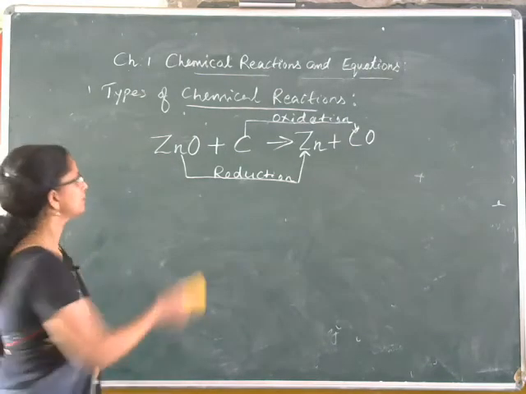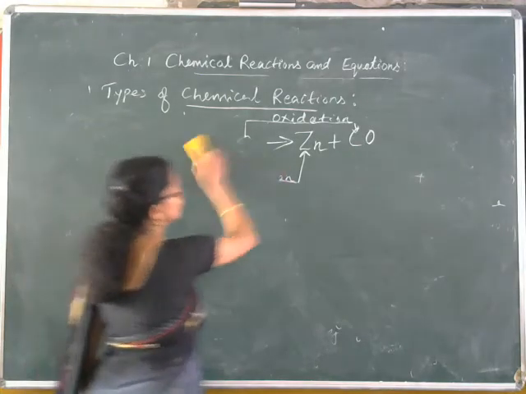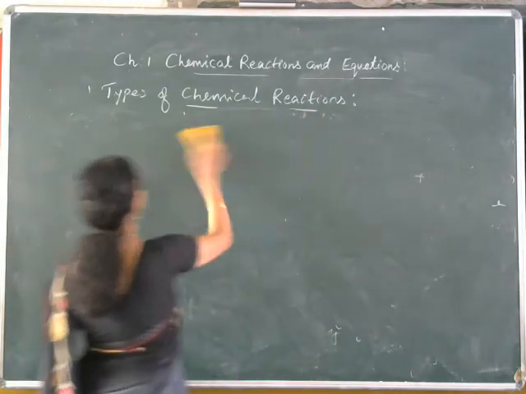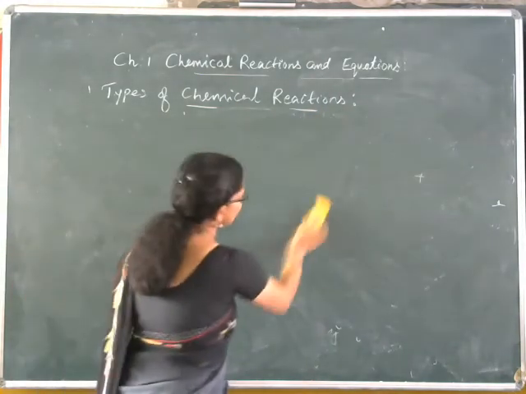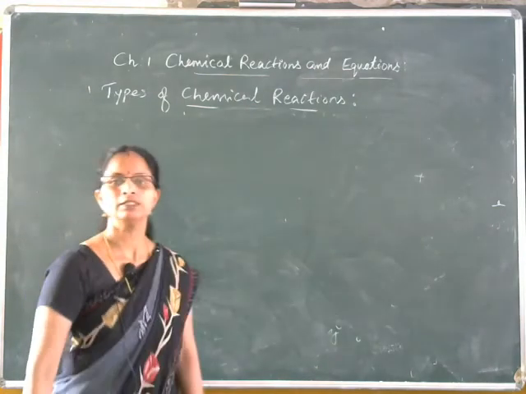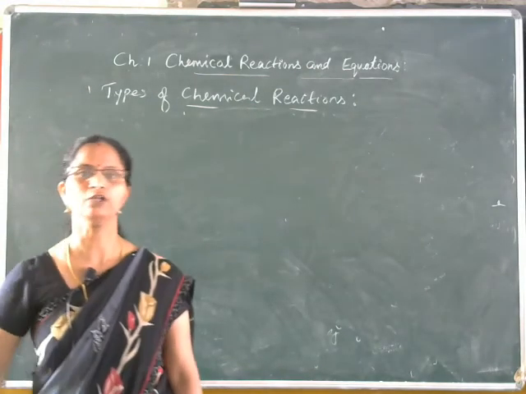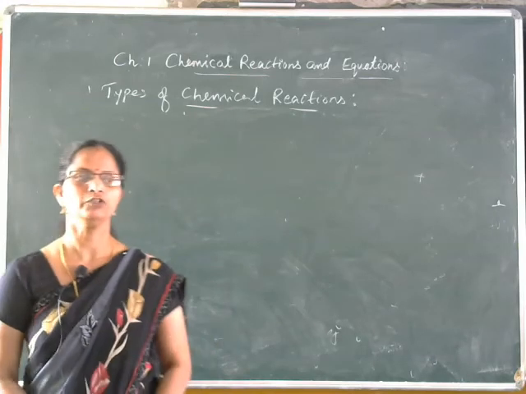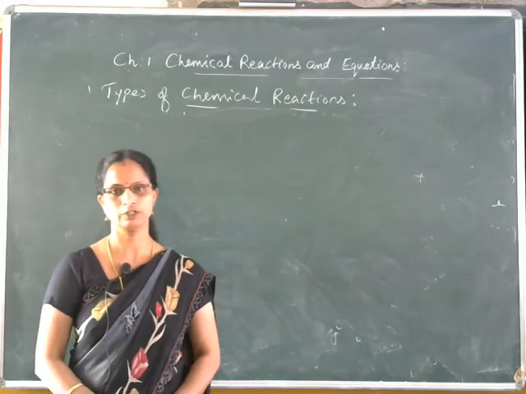Now, these are the various types of chemical reactions that we have studied. Now we are looking at some practical effects of certain oxidation reduction reactions which cause harm for us also.